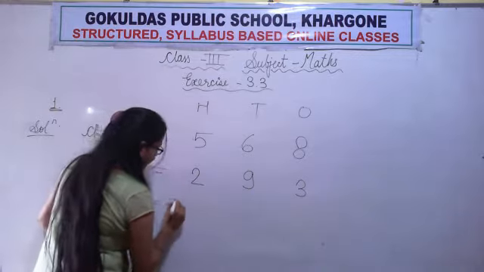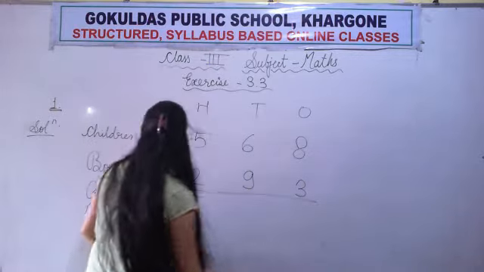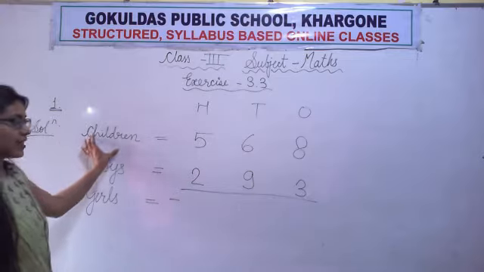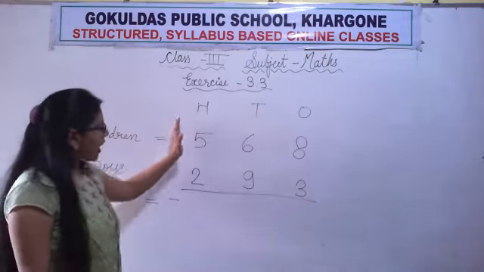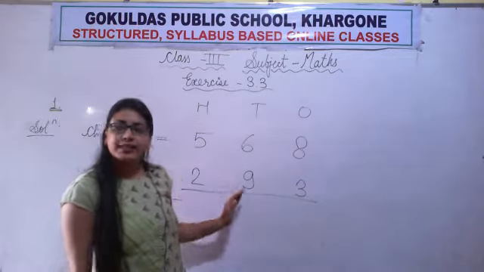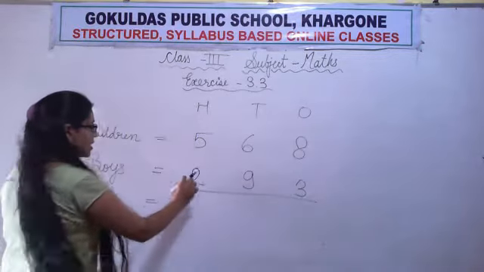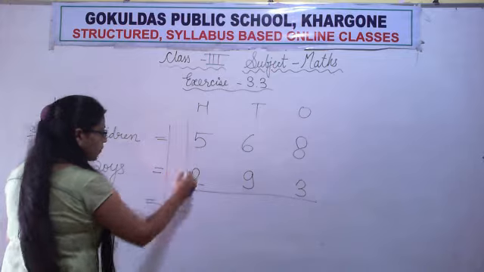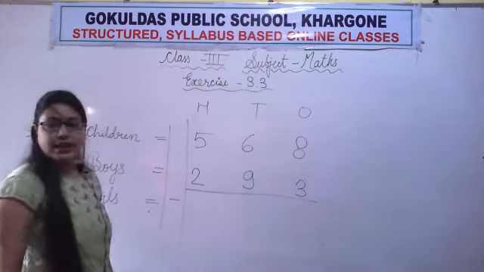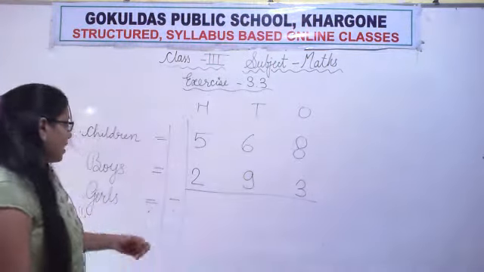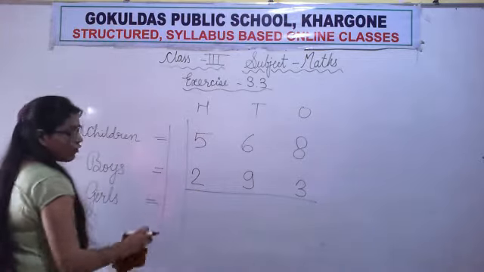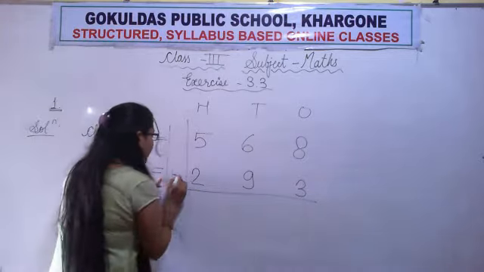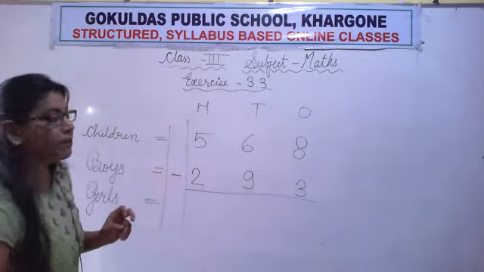By subtracting. We will subtract the boys from all the children, then we will get the number of girls. Keep in mind, write hundreds below hundreds, tens below tens and ones below ones. And do not put these two symbols in the same box. The equals sign and the minus sign will be in different boxes.